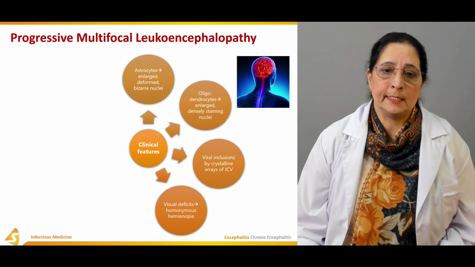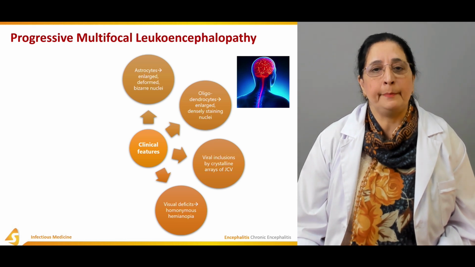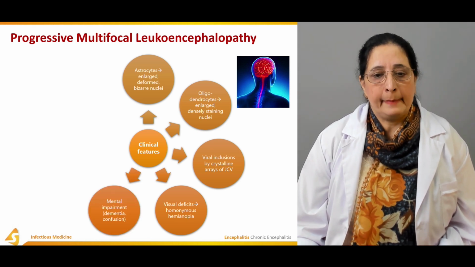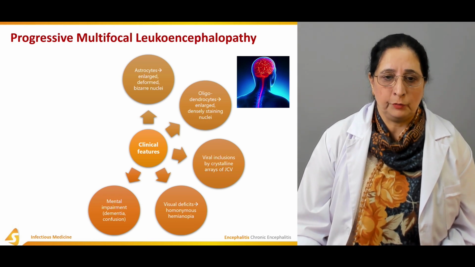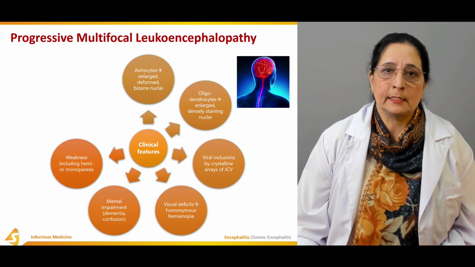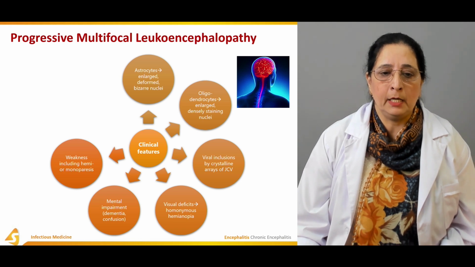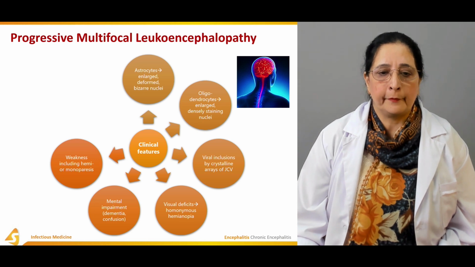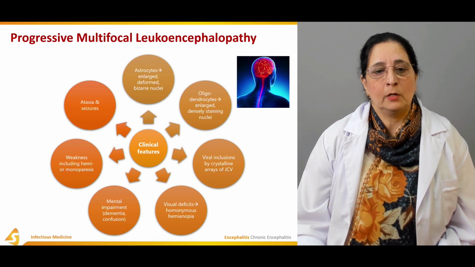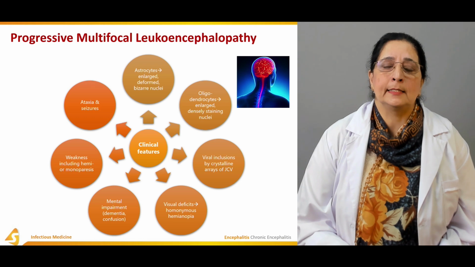Visual deficits like homonymous hemianopia, mental impairment like dementia, confusion, weakness including hemiparesis or monoparesis, and also ataxia and seizures.